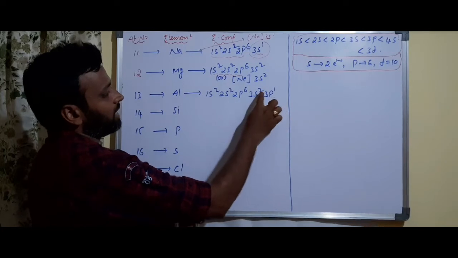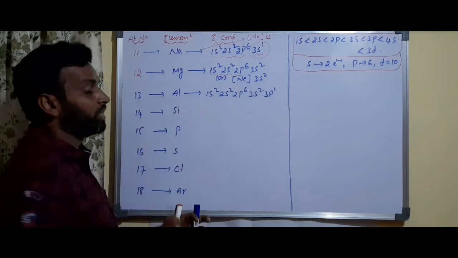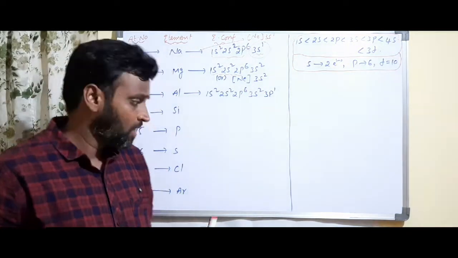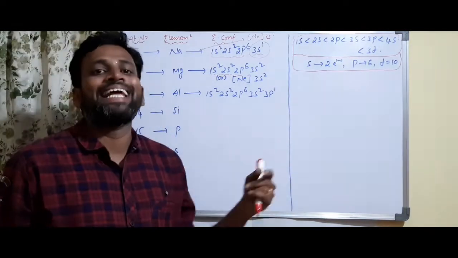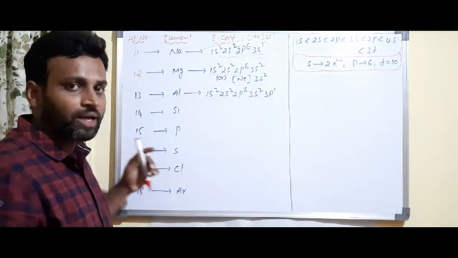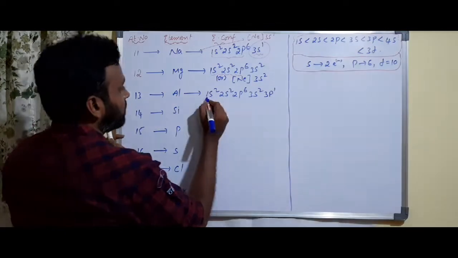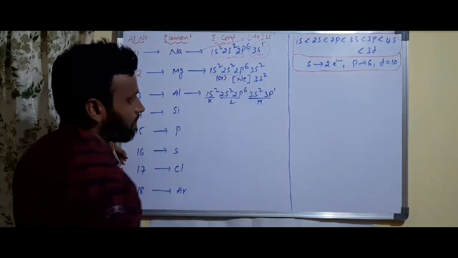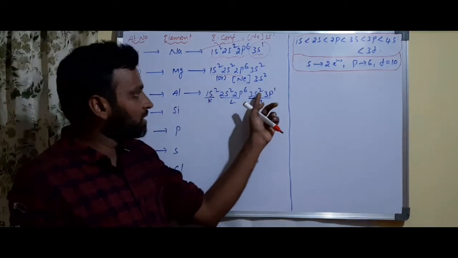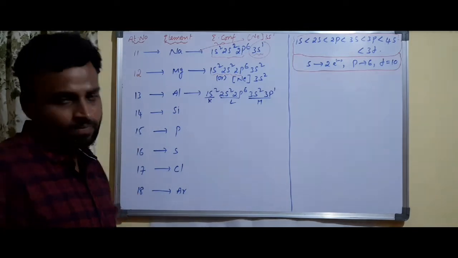M shell consists of how many electrons? 2 plus 1, 3 in aluminium. The question is, in aluminium, the number of electrons present in capital M shell. Capital M means third shell. M shell consists of 3 electrons here.